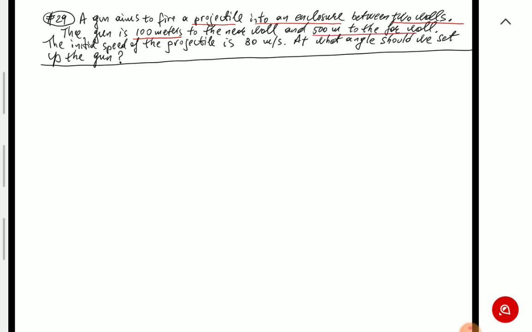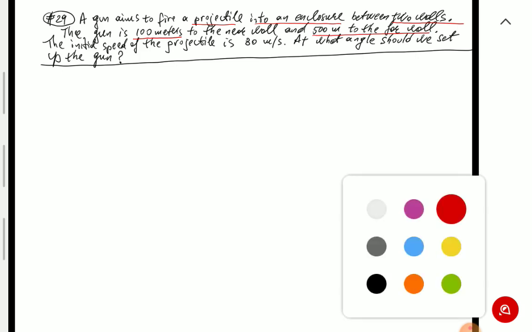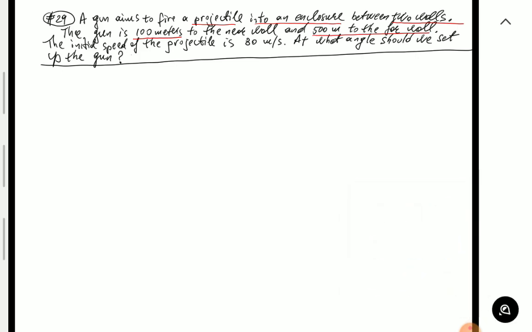So basically the enclosure is 400 meters apart. I forgot to mention here in the problem, because we need that as well, the height of the walls is 15 meters.